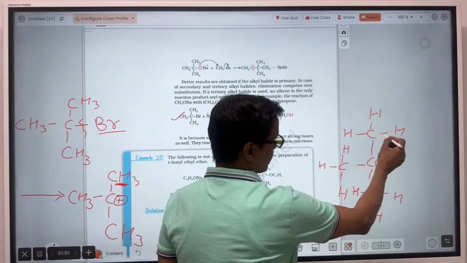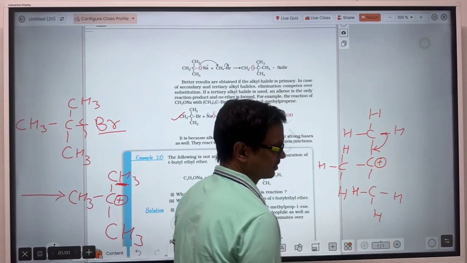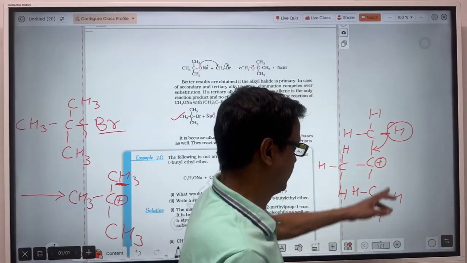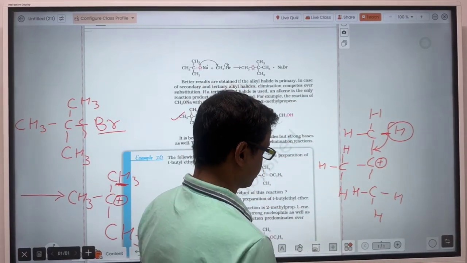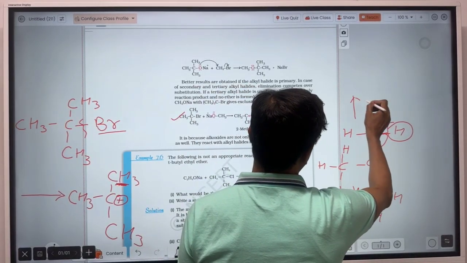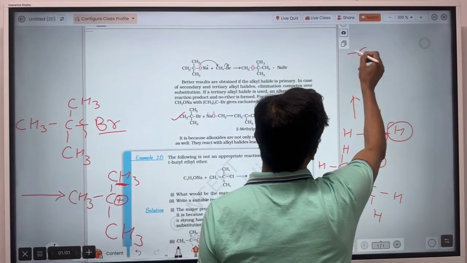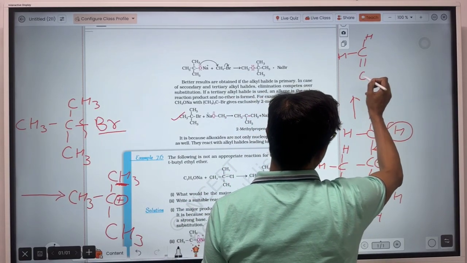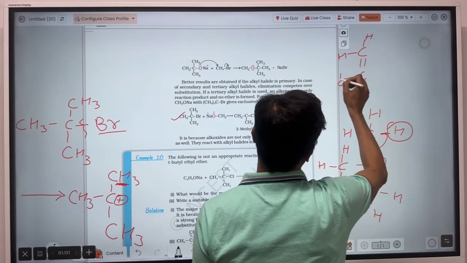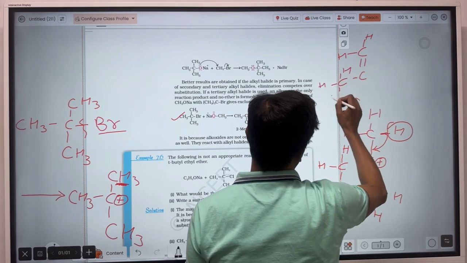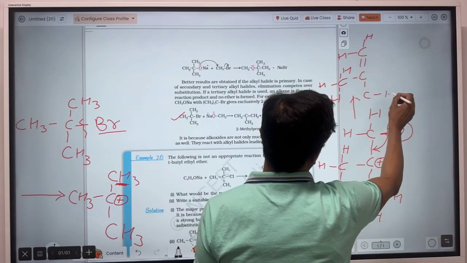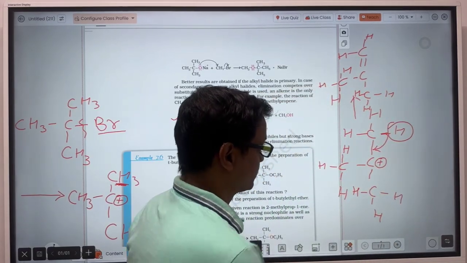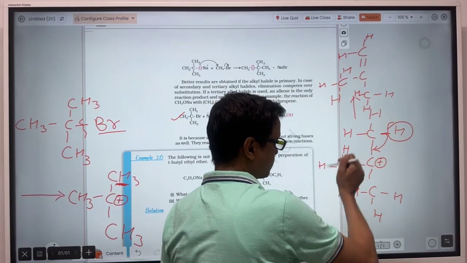So this shared pair of electrons will come here for double bond formation, and it will release H plus ion. This hydrogen will release from there, and this shared pair of electrons will come here for double bond formation. So the product will be an alkene formation. Either this hydrogen will come or this hydrogen or this hydrogen.